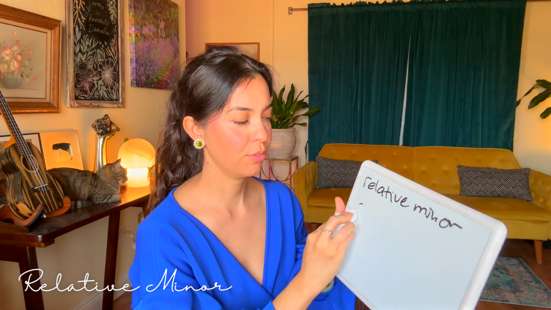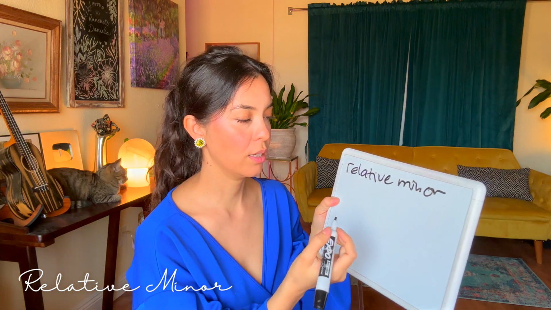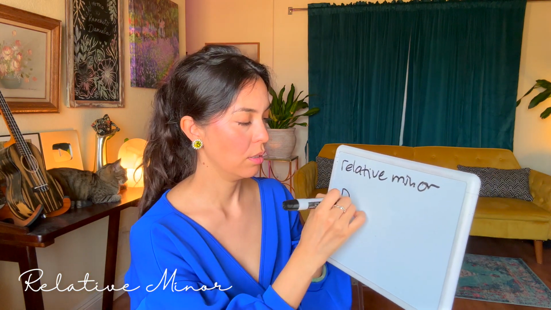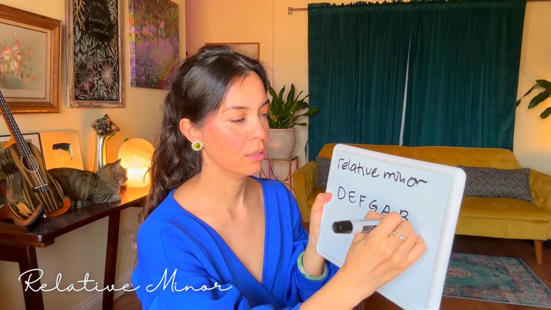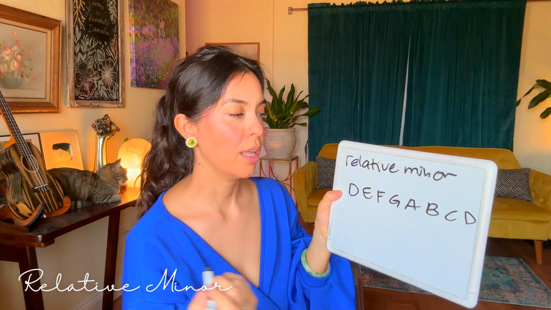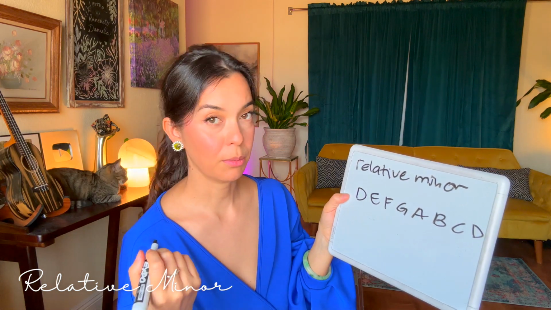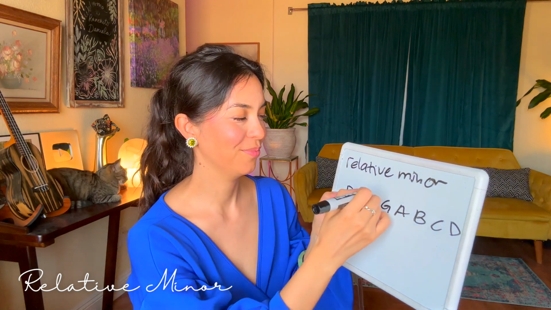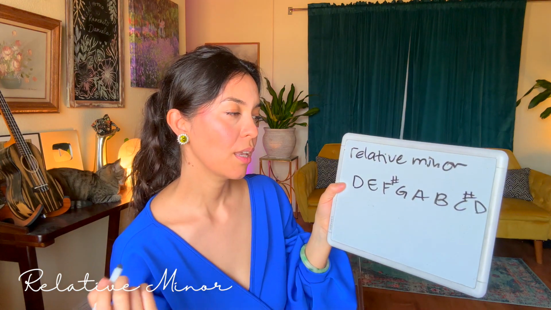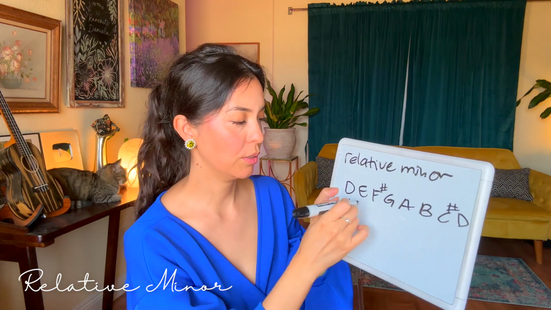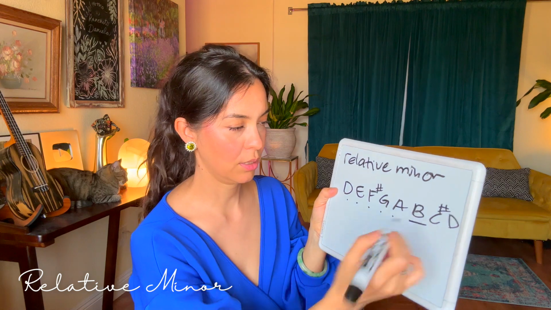So let's try a different scale just to try it. Let's try the D major scale. So first, I always like writing all the letters. And D major scale has how many sharps? Do you remember? 2 sharps. Let's go to the 6th scale degree. 1, 2, 3, 4, 5, 6.